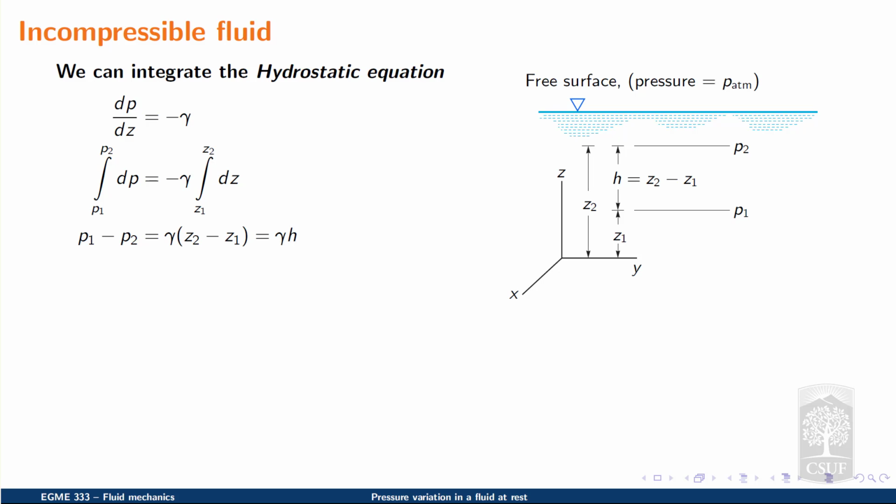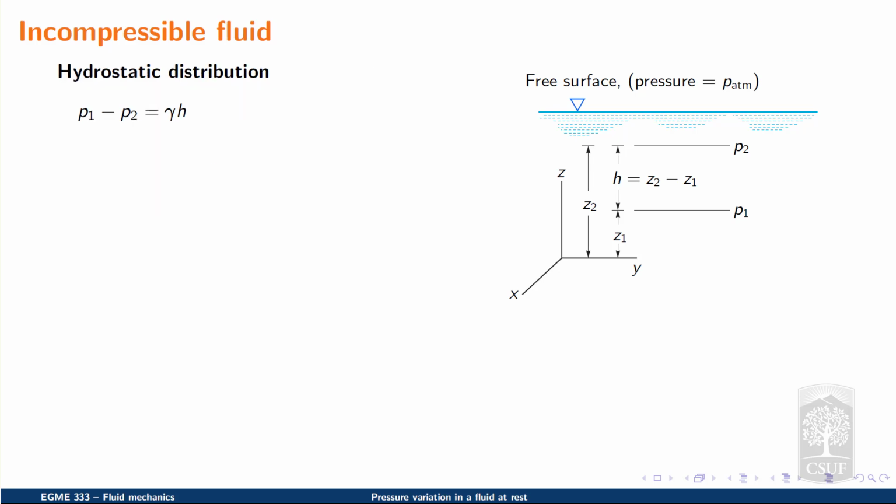Now, if I specify the value h as the difference between z sub 2 minus z sub 1, then I can simplify this expression as p sub 1 minus p sub 2 is simply equal to gamma times h, where h is the depth of point 1 relative to point 2.